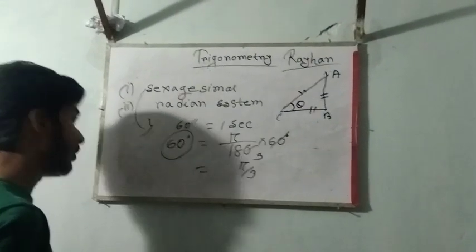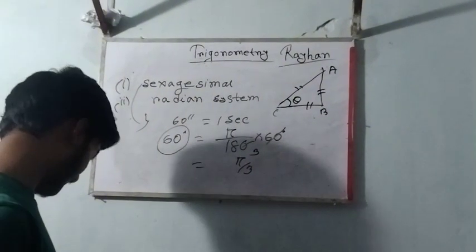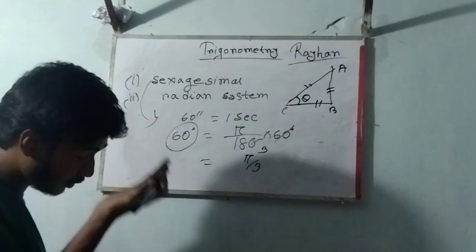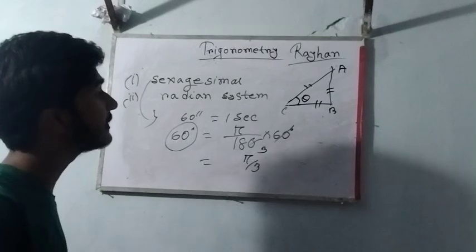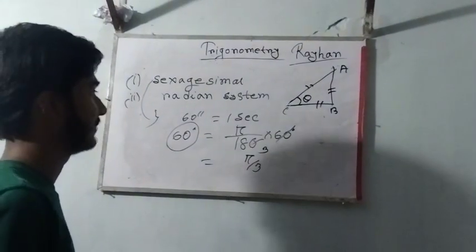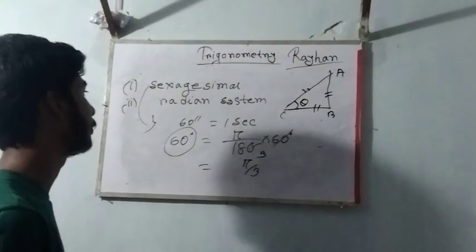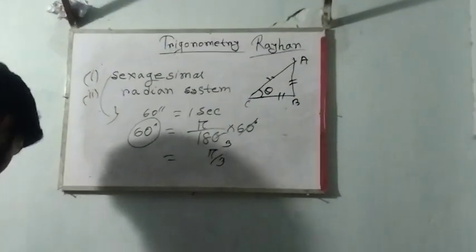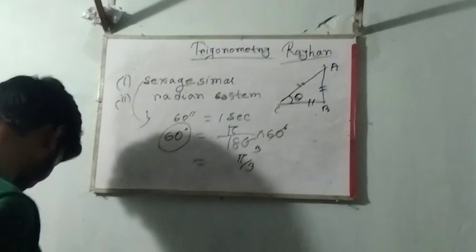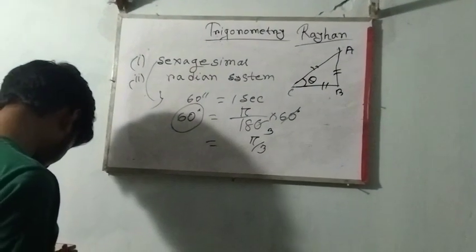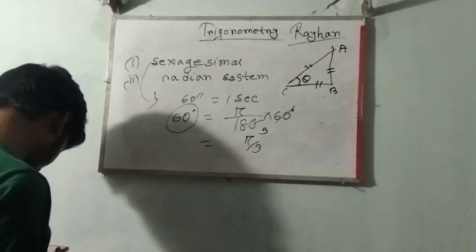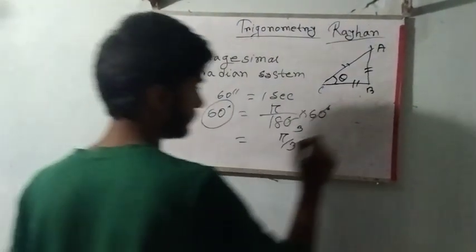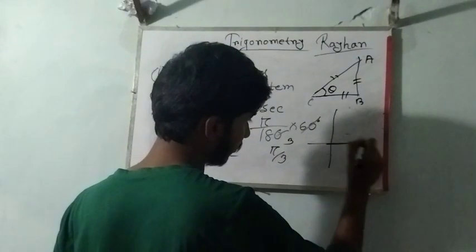And we have to talk about the positive angle and the negative angle. Positive angle is anti-clockwise angle and negative angle is clockwise angle. Now we have to understand what is clockwise and what is anti-clockwise. Positive angle is the movement anti-clockwise.